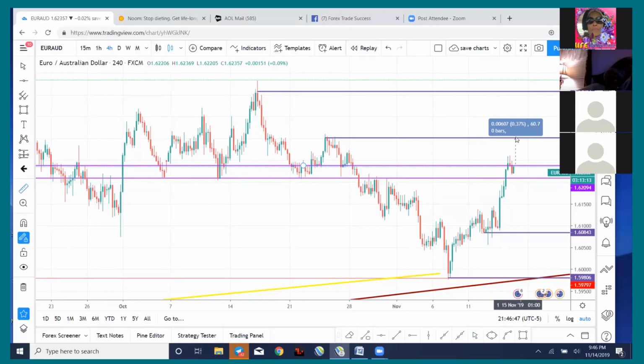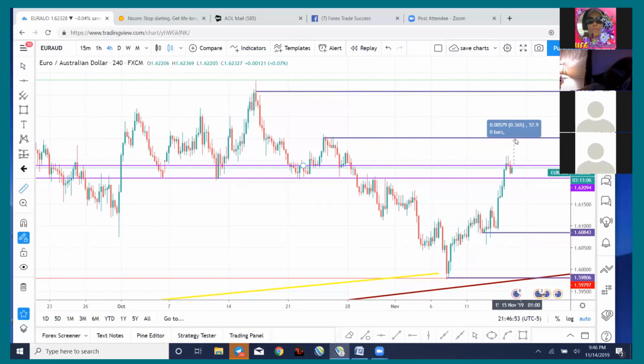Can you go to the right, because I don't see you. I do see 57.9. Okay, so you stopped at that line. Okay, so that's good. What about if you go to that structure that is in between there?